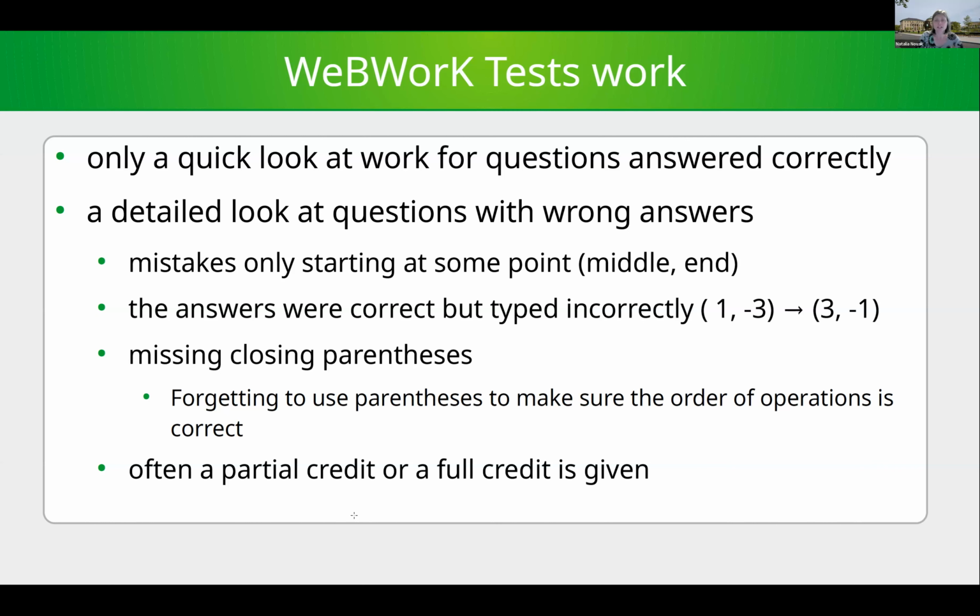If no work is submitted, they're not getting any partial credit. It's just either you did it correctly or not. If you did a problem correctly, it was 6 points worth, so you're getting 6 points. And if your answer was wrong, not accepted by the system, you get nothing back.